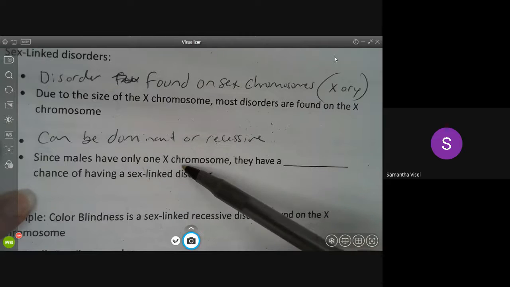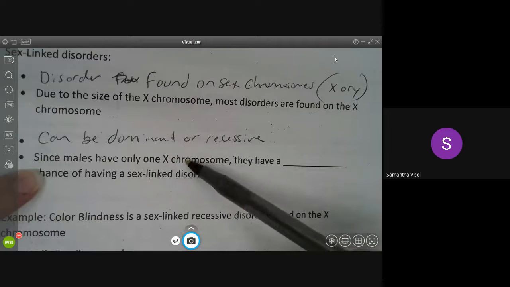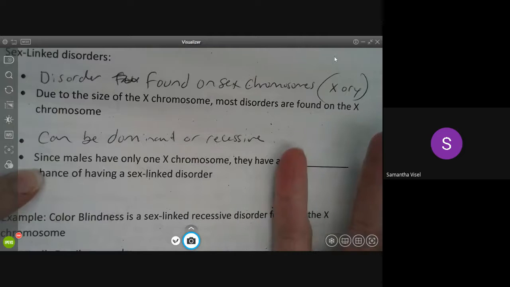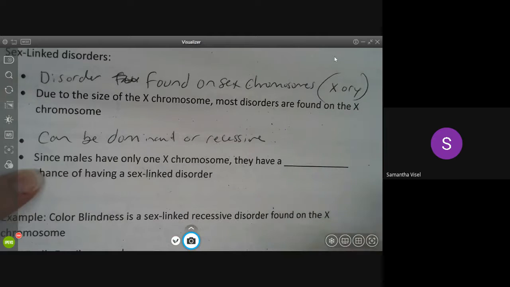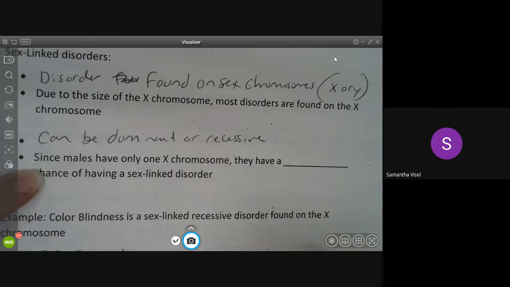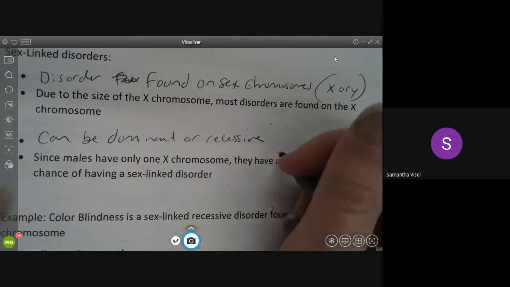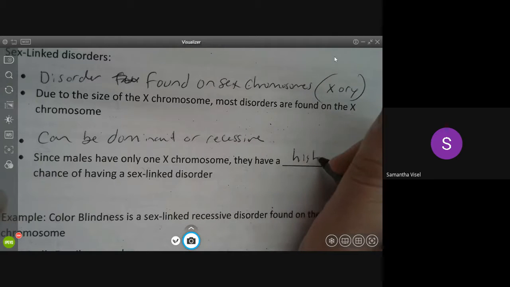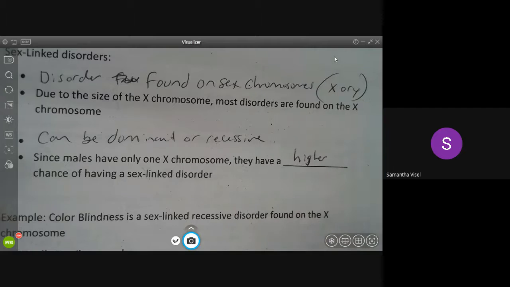If it's dominant, then you have it. And if it's recessive, you don't have another X chromosome to overshadow that. As we talked about with heterozygous carriers, the dominant allele overpowers the recessive, but you don't have a second X chromosome to overpower that. So you do have a higher chance of having a sex-linked disorder.